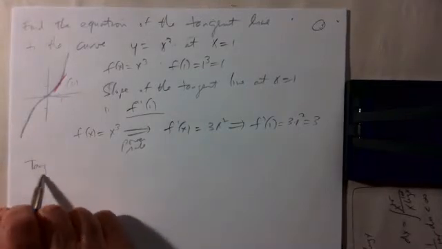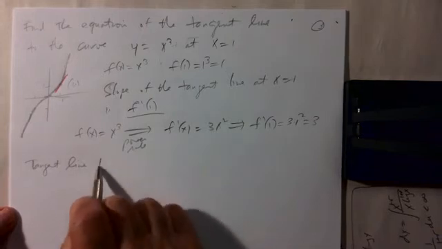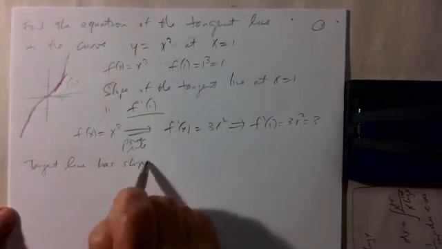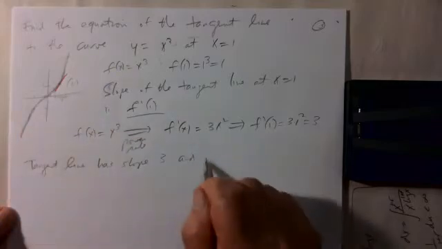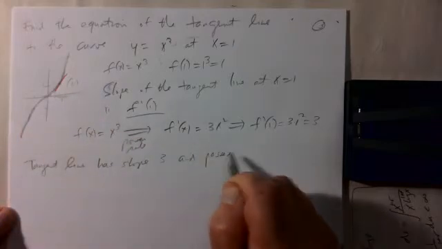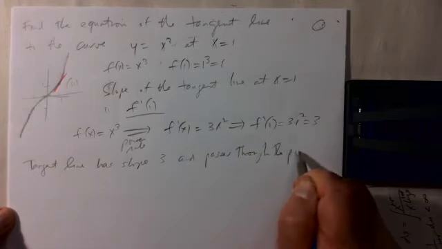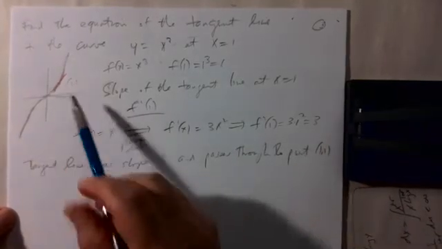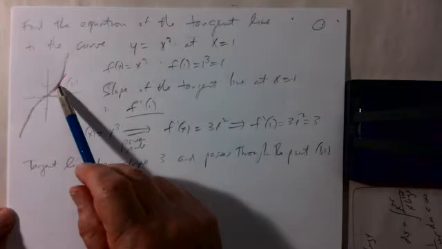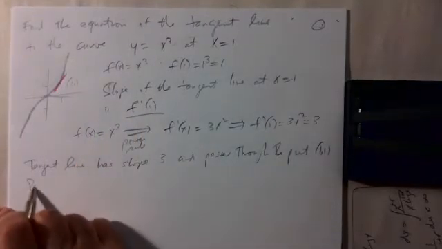So what do we know about the tangent line? The tangent line has slope 3 and passes through the point 1, 1. Right? It's the tangent of the curve at this point with slope 3.